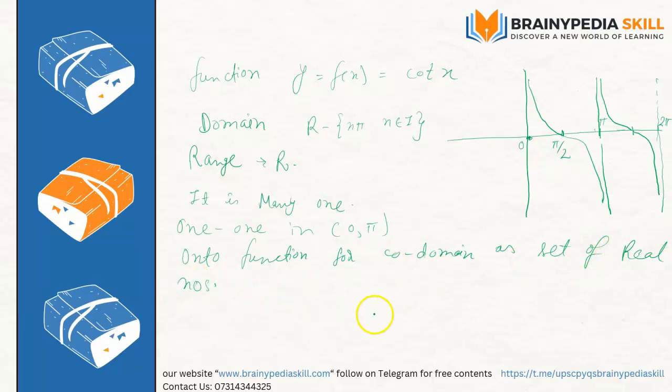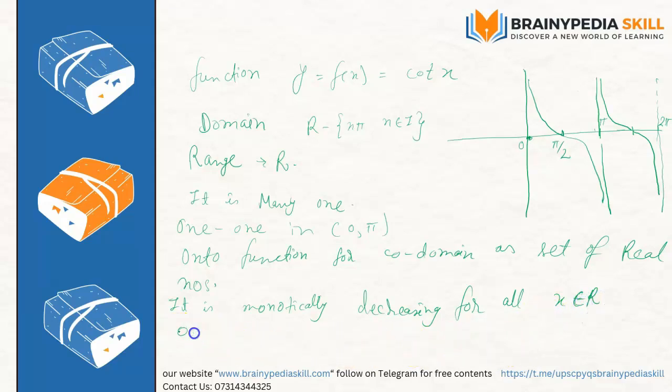It is monotonically decreasing for all x belongs to R. This part you should remember.